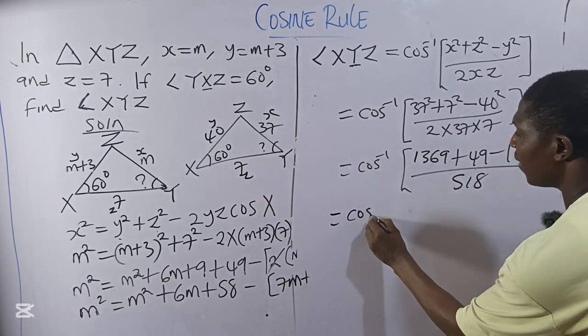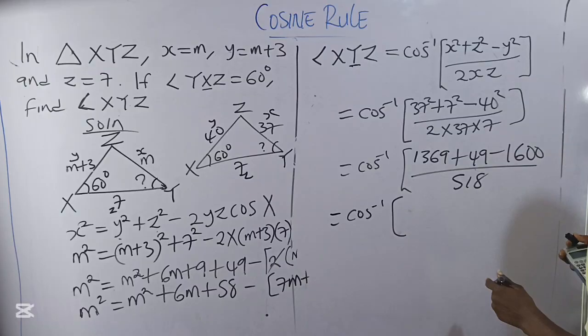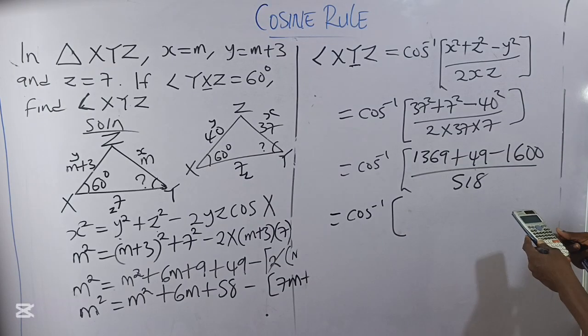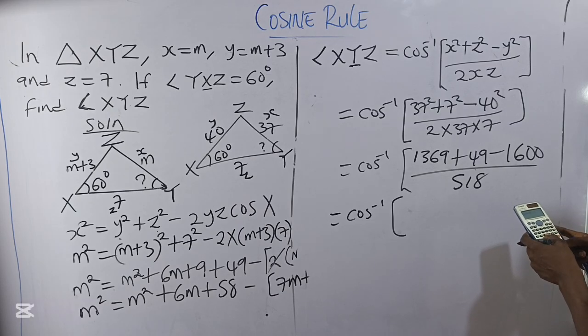So I have my cos inverse again of 1369 plus 49 minus 1,600.